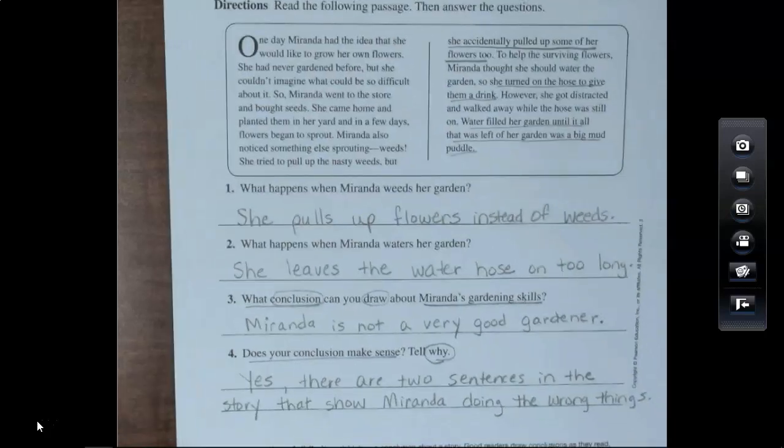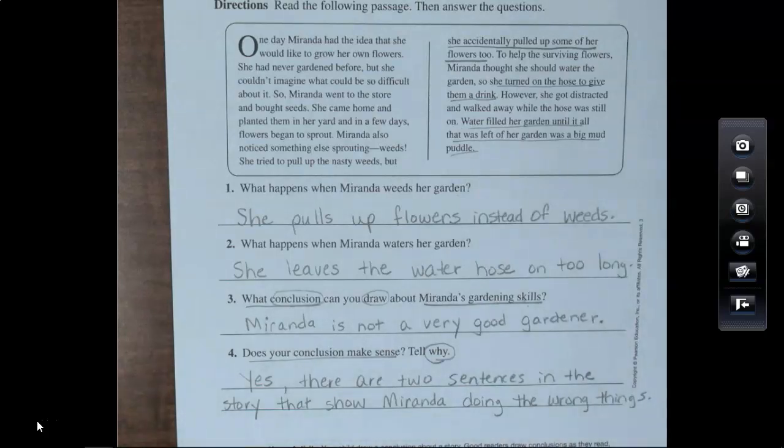So that pretty much proves and goes along with my conclusion. The conclusion that we came up with. The conclusion that says Miranda's not a good gardener. Because these sentences tell things that she did that she shouldn't have done. I know that from prior knowledge because I know I like gardening and I love flowers. And I know, yes, it's good to weed them. And yes, you have to water them. But you can't pull them out instead of the weeds.